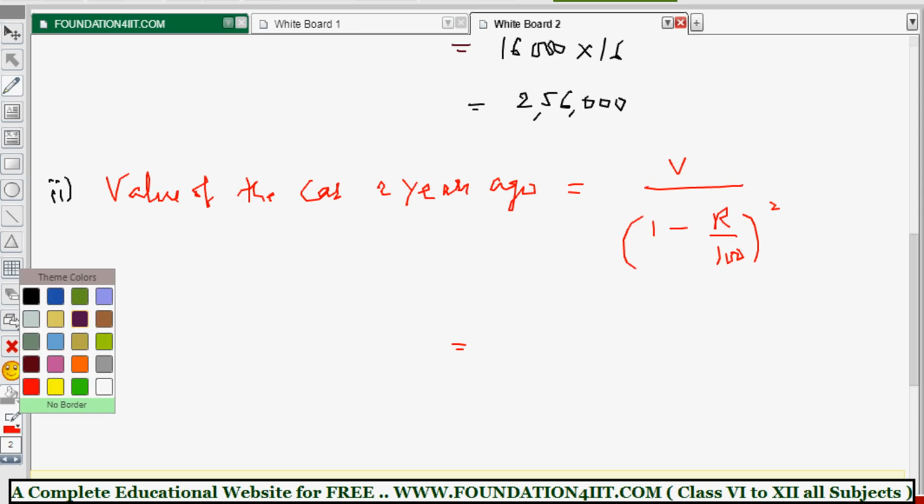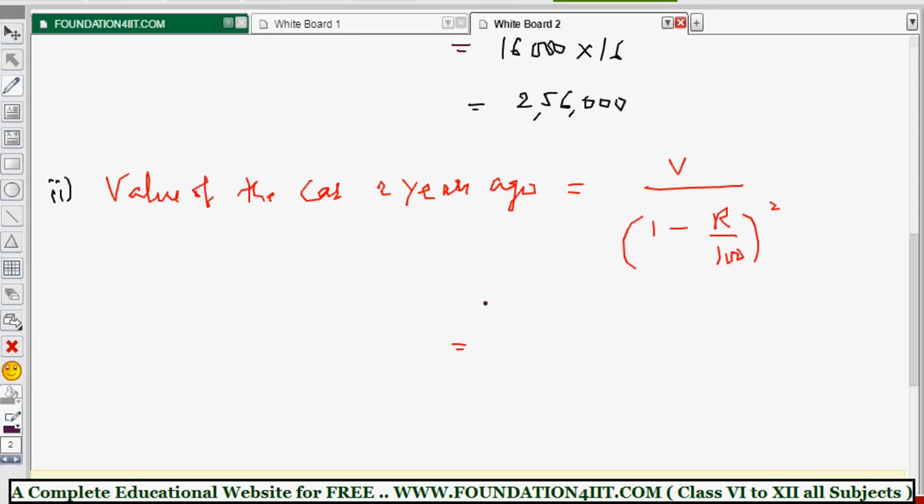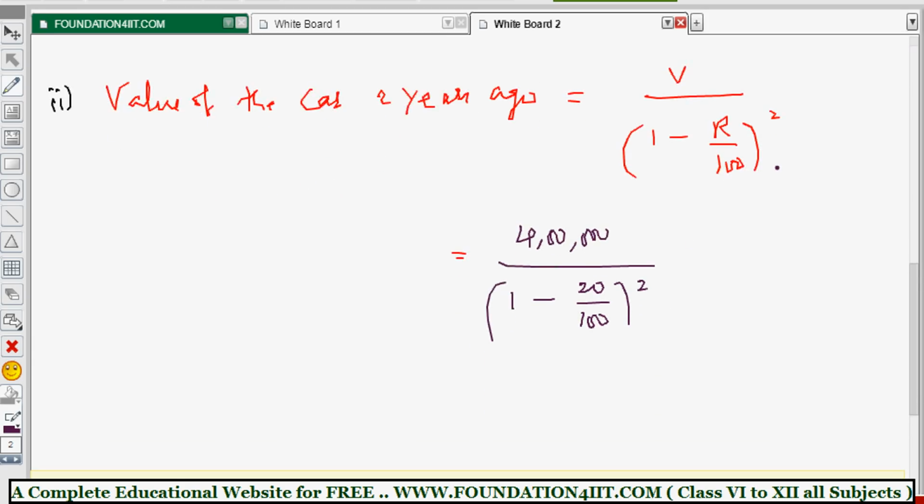Yes, just substitute the values. V is the present value. That is same as usual. You can take 4 lakhs by 1 minus R by 100, R is 20 by 100 to the power 2, because it should be more than 4 lakhs only, because the value has decreased over the years. And simplify: 1 minus 1 by 5 is 4 by 5.